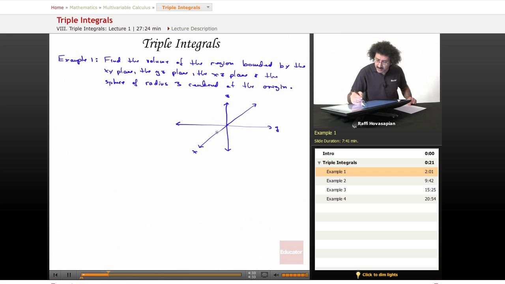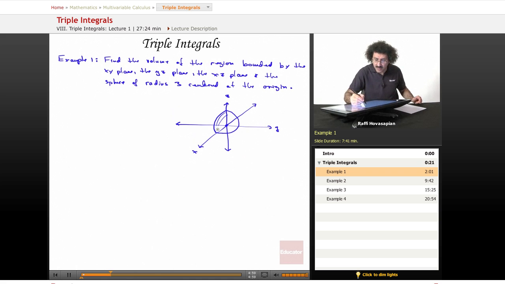So I'm bounded from below, from this side, and I'm bounded by the sphere of radius 3. Well, from the origin, if I have a sphere of radius 3, I'm going to have that, and then that, and then that. So basically, it's the portion of the sphere only in the first octant of 3-dimensional space.